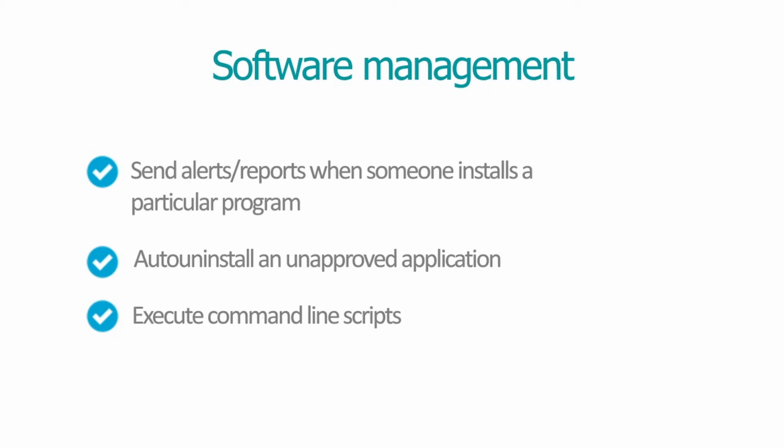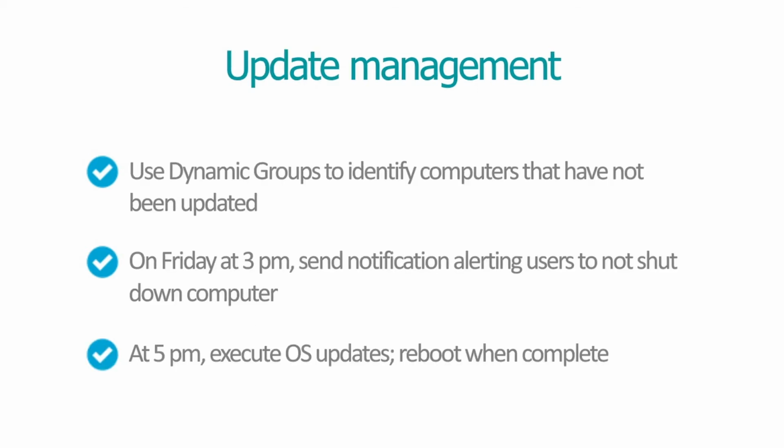When it comes to update management, ESET's Remote Administrator server has what's called dynamic groups. And dynamic groups can identify device identifiable information and automatically sort and report computers based off that information. So you can use a dynamic group to show all of the computers that have not been updated. So which computers have not received the most recent Windows update.